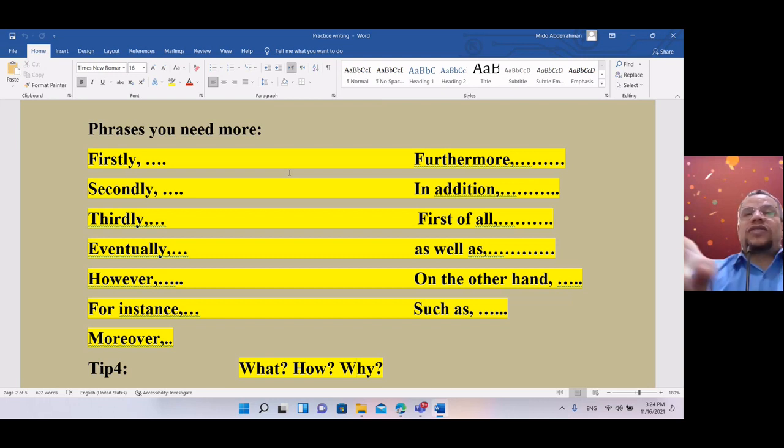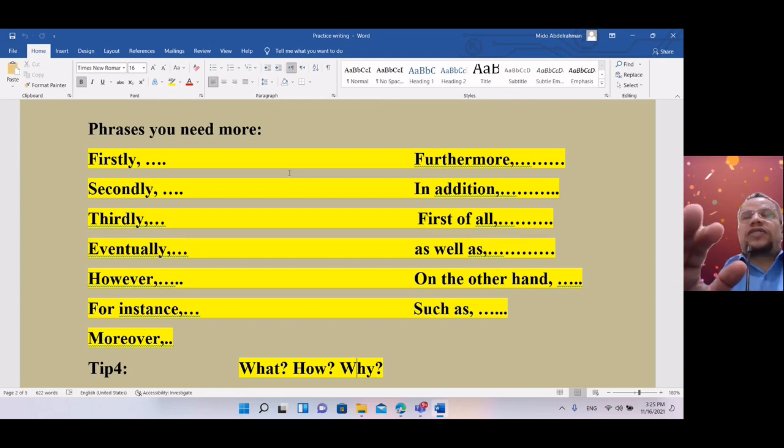If you talk about contrast or opposites, you can say however, or but. Instead of saying for example, which most students always say, you can say for instance, which has the same meaning, or such as. Use words like moreover, furthermore or in addition to add something more.